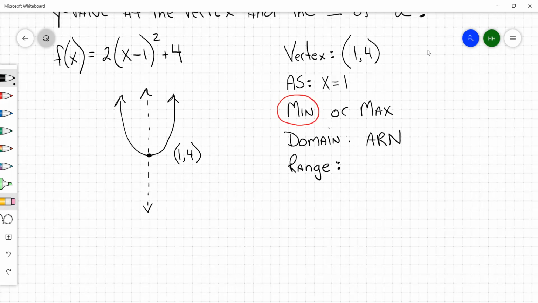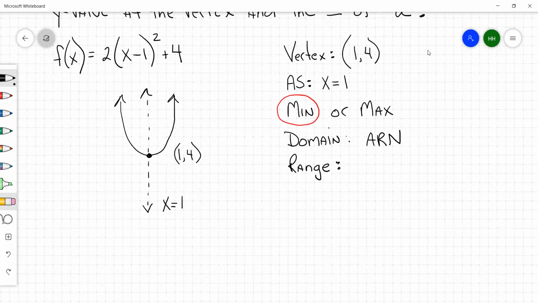The equation for that axis of symmetry is x = 1. Now, this is sitting on a coordinate plane at (1, 4), and everything is going up. Agreed?